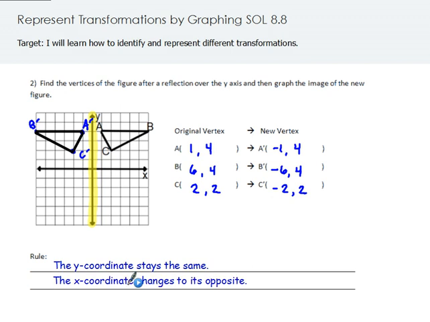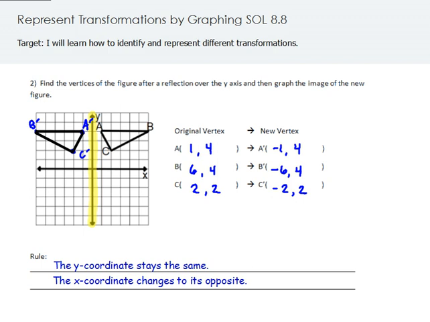And then the x-coordinate this time will change to its opposite. So these are the two sets of rules for simply reflecting. Either you're reflecting over the x-axis or reflecting over the y-axis. So this should be a review, but now we're actually putting these down into words.